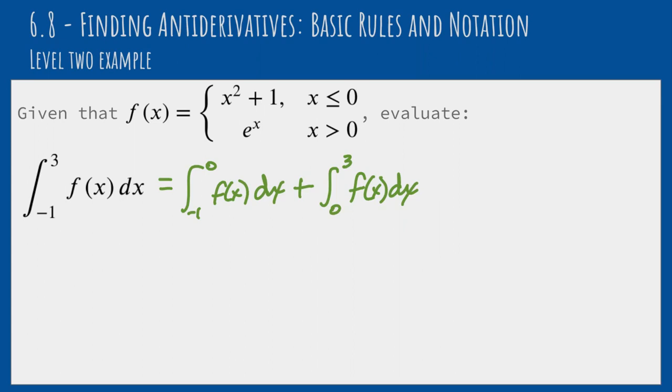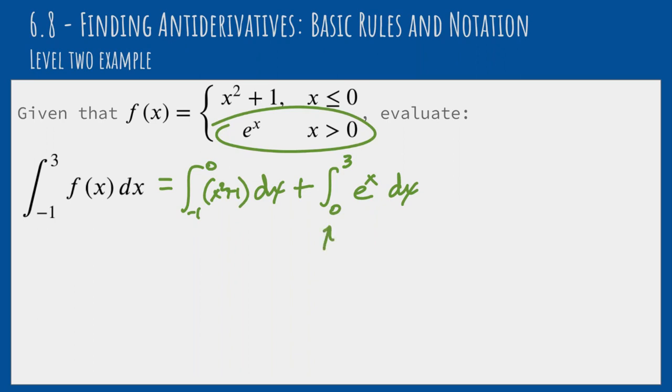And evaluating those integrals separately, we can do that because from -1 to 0, the function, where x is less than 0, is going to be x squared plus 1, and from 0 to 3 is going to be e to the x. Now I do want to point out that 0 is not included here, and that's okay.